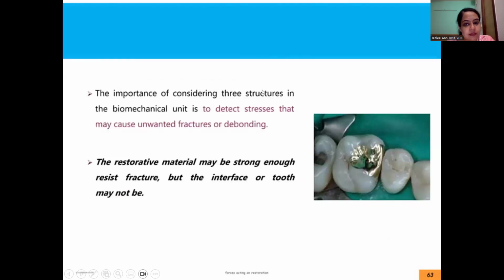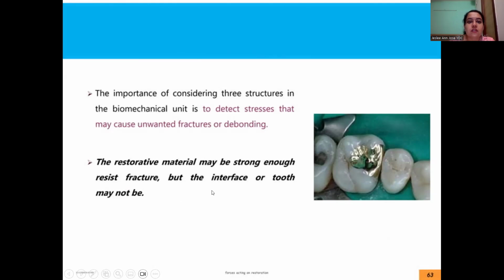The importance of considering these three structures, that is the restoration, the tooth, and the interface, is to detect stresses that may cause unwanted fracture or debonding. So we need to analyze. In some cases, even though the restorative material is stronger and resists fracture, the interface might be weak.